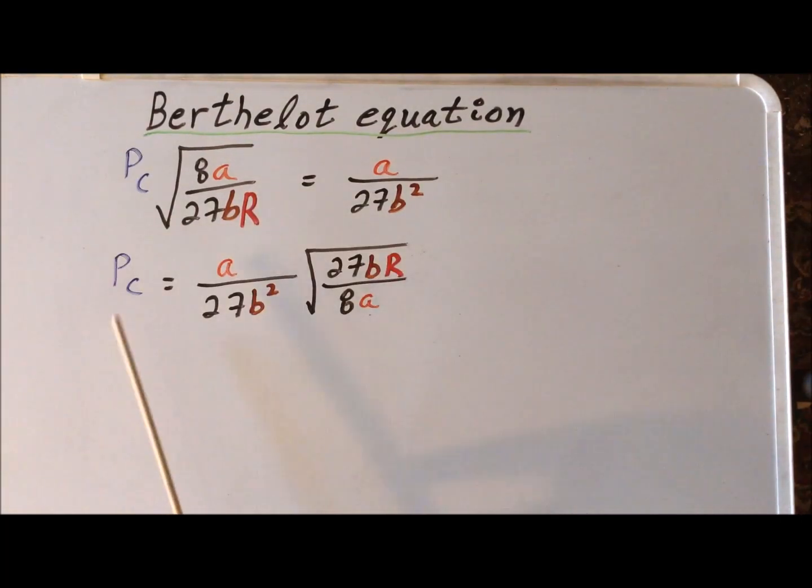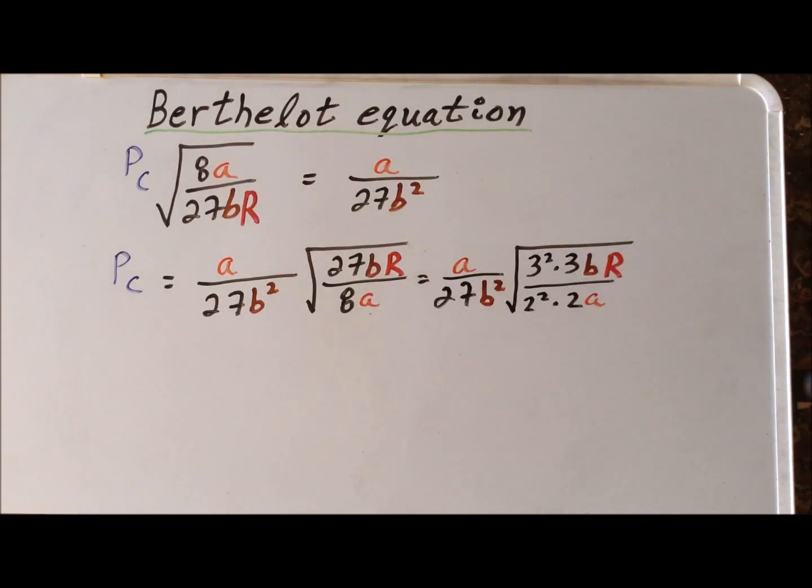So now we have that the critical pressure is a divided by 27b squared times the square root of 27br divided by 8a, which still looks very complicated. But now we're going to make some simplifications under the radical sign to hopefully make this look less messy.